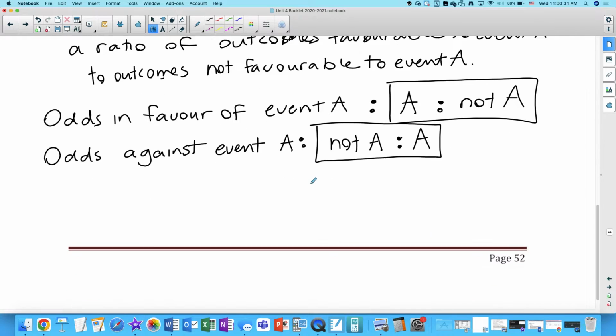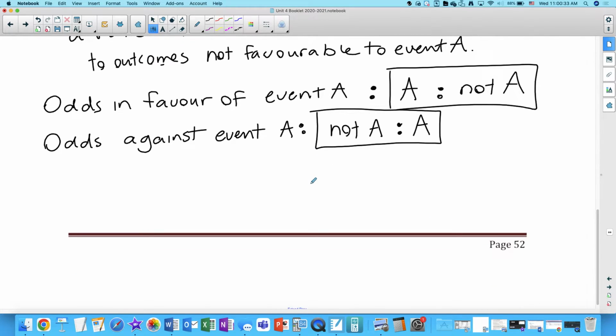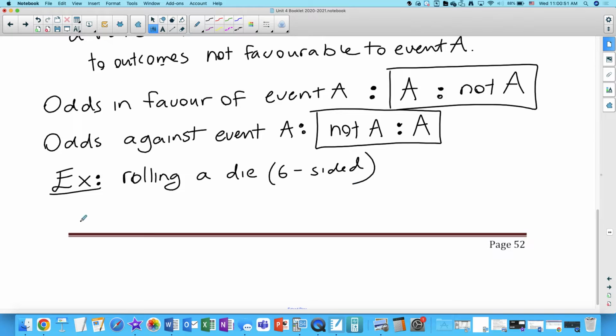Okay? So let's take a quick example. Okay, if you are rolling a die, standard six-sided, and let's say event A is rolling a multiple of 3. Okay, so what I want to know are, what are the odds in favor of A?